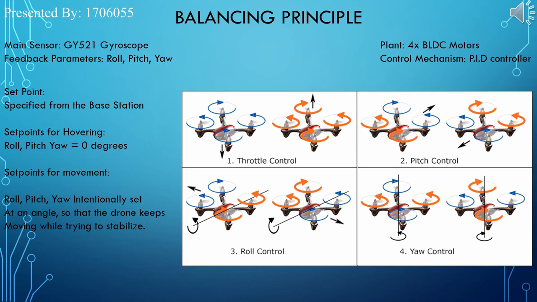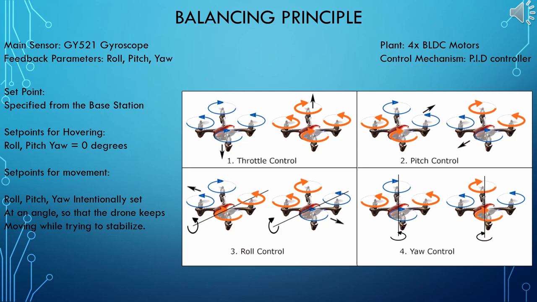Here we discuss the balancing mechanism of our PID algorithm. As we can see, any aircraft has 3 degrees of rotation, so a 3D PID must be implemented to keep the drone stable and hovering. In our case, the GY521 gyroscope provides the closed loop feedback of the roll, pitch and yaw angles. The Arduino MCU does the math and the motor speeds are adjusted accordingly to keep the drone stable.